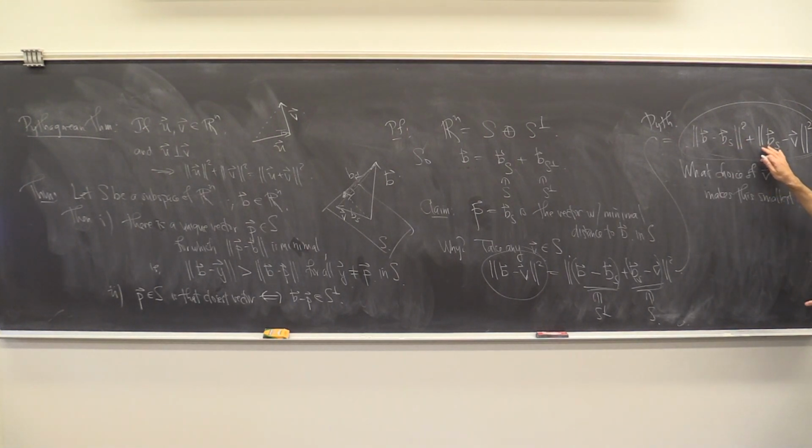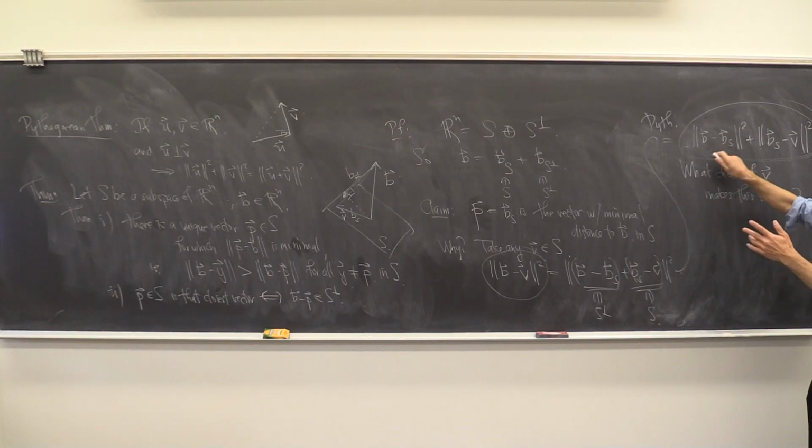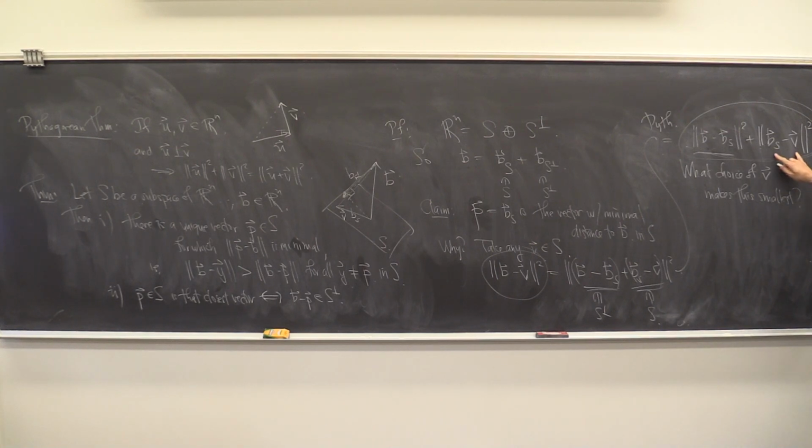As we move V around, this thing we can't really do anything about. It stays still. But what's the best thing we can do with this one? Can we make V be BS? If we let V be BS, then this thing becomes 0. The best we can do is to make this 0, and that happens when V is BS.